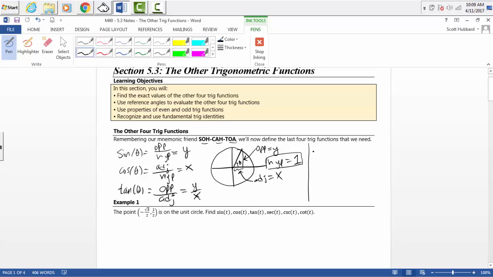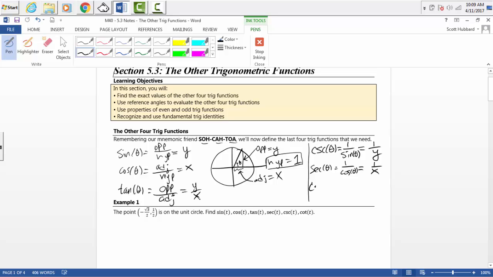The other functions are called the reciprocal functions, and they work like this. Cosecant of theta is defined as 1 over sine of theta, and so that's going to be 1 over y. Secant of theta is defined as 1 over cosine of theta, and so that would be 1 over x.